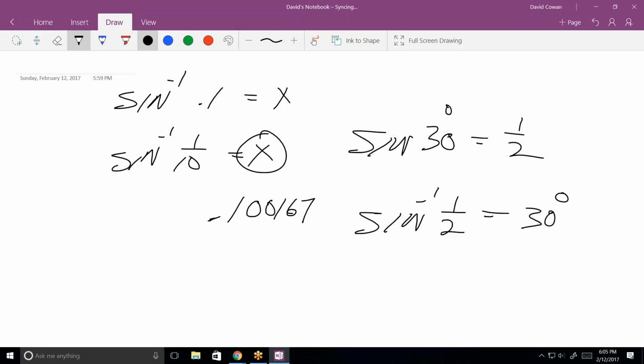Oh, that's radians. You sure? Yes. Because with the Inspire, that's its weakest deficiency. Right. Is not telling you whether you're in radians or degrees and making it actually quite difficult to figure it out.